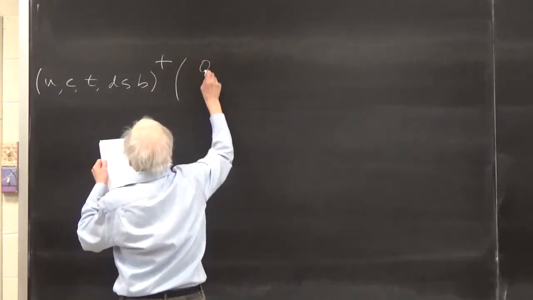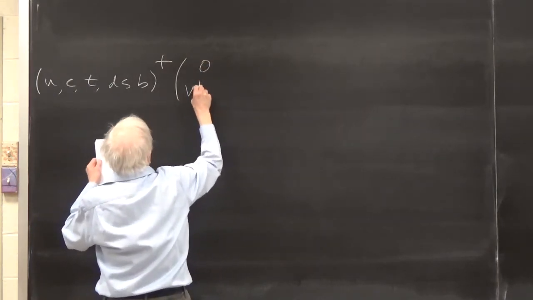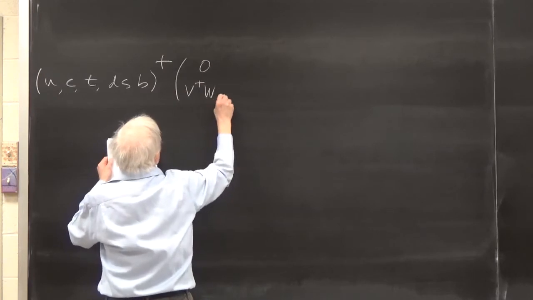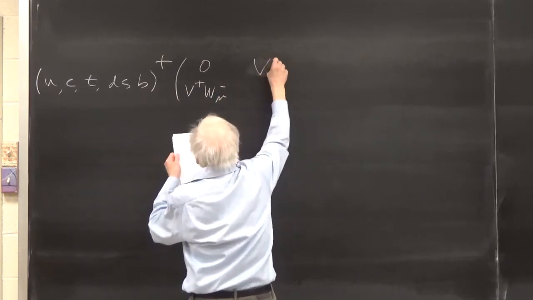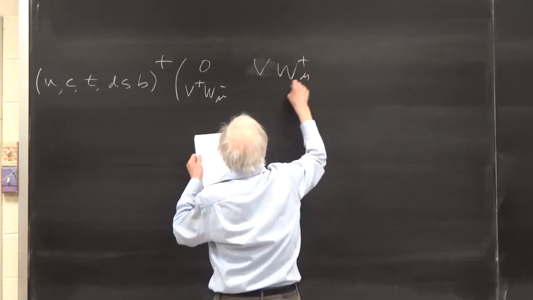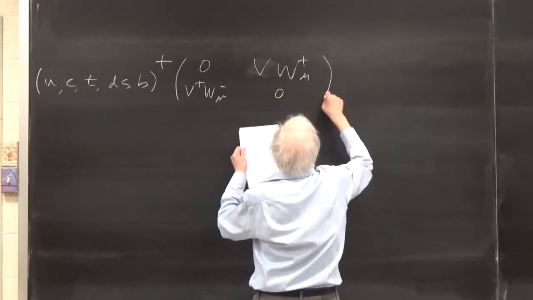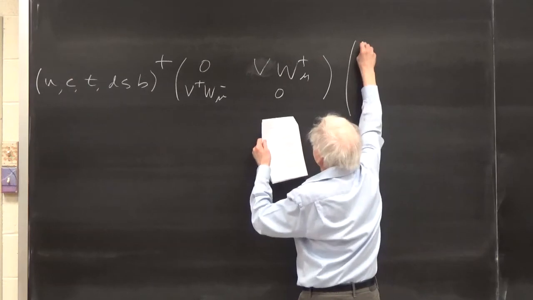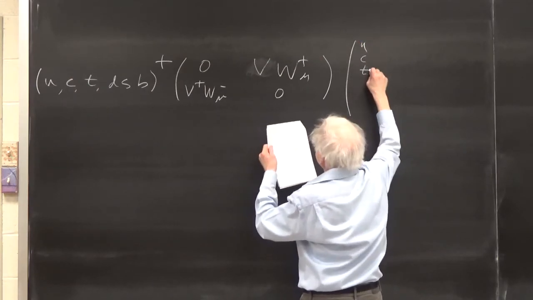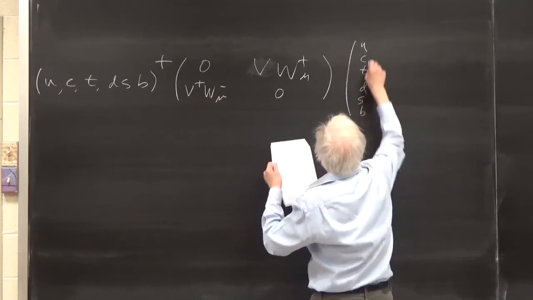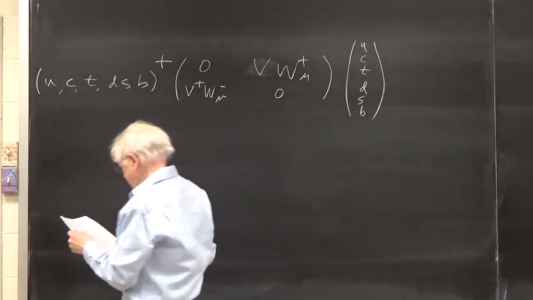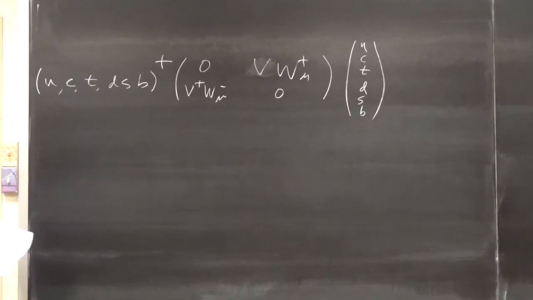U dagger, d mu minus V W plus mu 0, and then U C T, D S B.